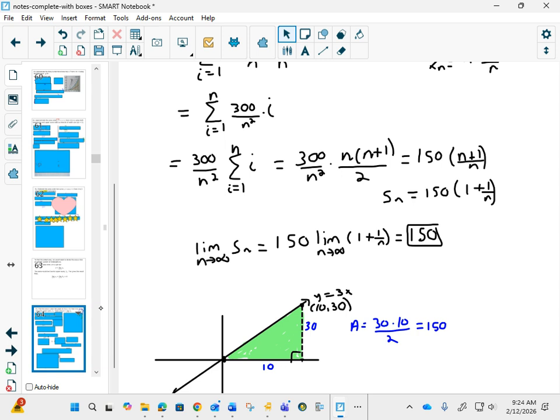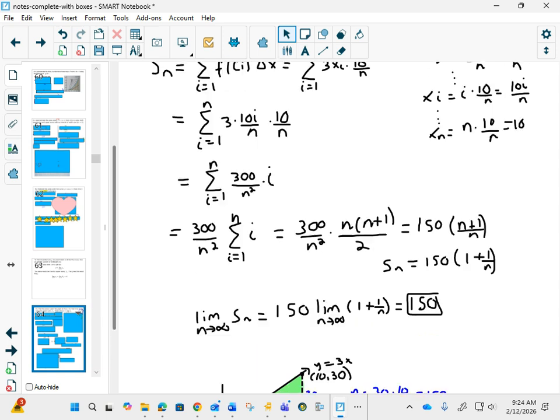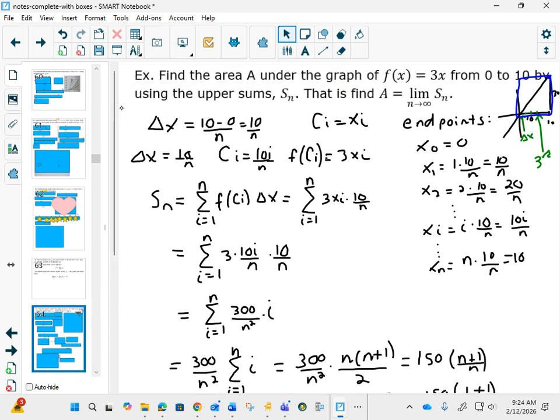So under where it said endpoints, why should you put x1 next to it? So I was just looking at them. The first one would be 0, right? x1 would be 1 change of x over, and since the change of x is 10 over n, 1 change of x over. x2 would be 2 changes of x's over. x3 would be 3 changes of x over.